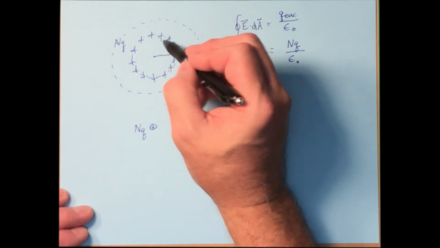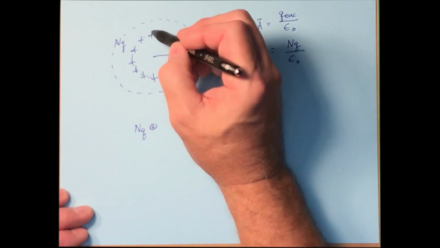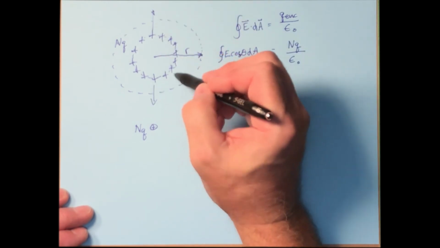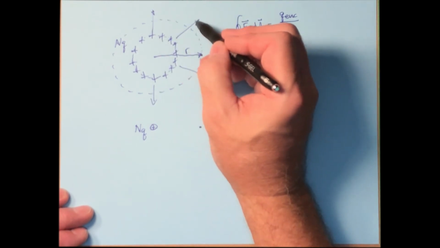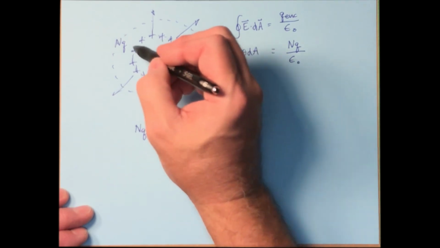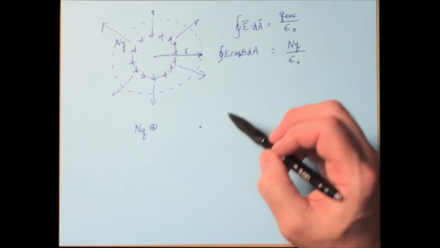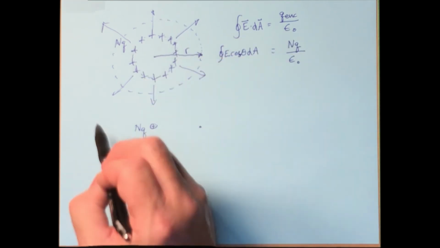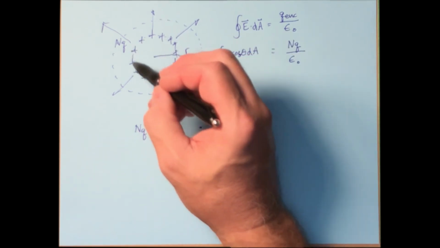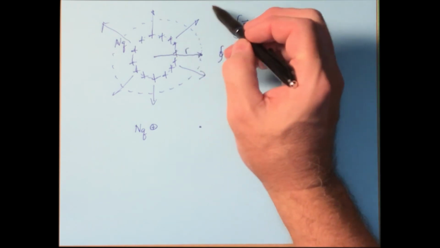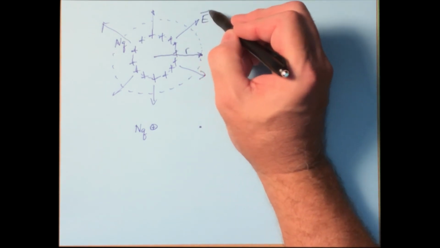And now let's think about what's going to happen here. The electric field due to this shell is going to point radially outward in all directions away from that shell. There are no non-radial components here because they would all cancel because of the symmetry of the shell. So all of the electric field lines point outward like that.